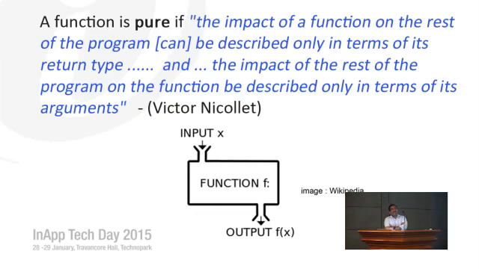Then we can say the function is pure. It means the return value of a function will not affect the rest of the program. For example, I have a function for adding two numbers, so it will return the sum. In the rest of the program I am expecting only positive numbers, so if the sum is negative, it will break our code.